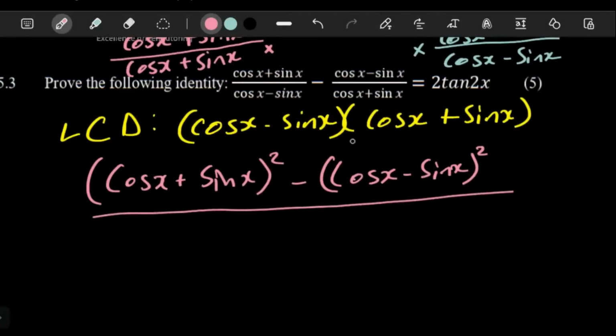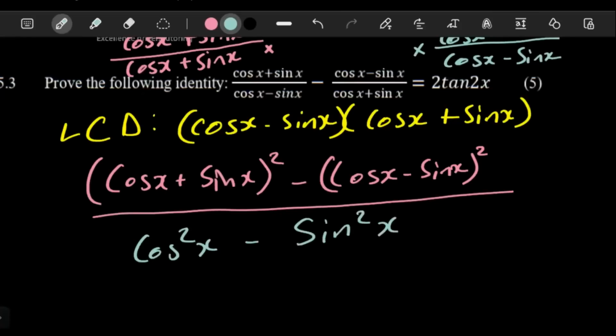Fortunately, this is just the difference of 2 squares. So when you multiply them together, cos times cos is cos squared x. In the middle, you have a plus and a minus, so this thing here is just cos squared x minus sine squared x.